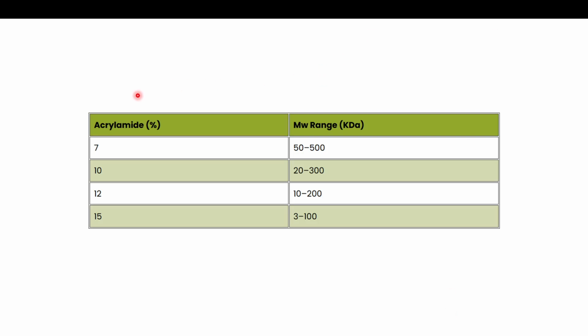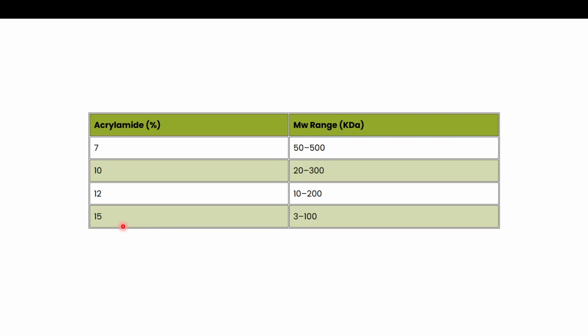So there are different kinds of gels, like 7%, having different concentrations of acrylamide. The higher the concentration of acrylamide bisacrylamide, the smaller will be the pores, and larger proteins would be moving really slowly.